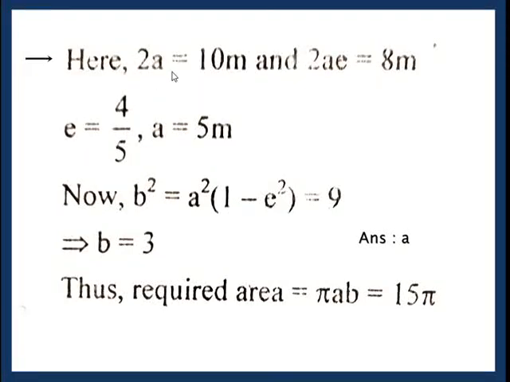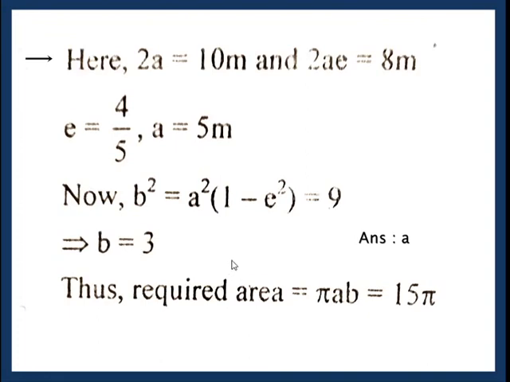So 2a, why 2a? Because the sum of the focal distances is always 2a, so it is 10, and the distance between the two flag posts is 2ae, the distance between the foci, that is 8 meter. So from this I get e as 4 by 5, a equal to 5. So what is b square for an ellipse? a square into 1 minus e square, that gives me 9. So b equal to 3. See why I have taken this sum?